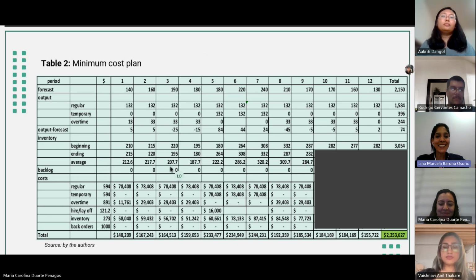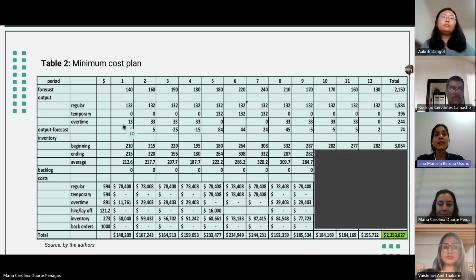Sorry. Thank you. Now, moving into the output forecast, basically, we add the output, regular hours, the temporary time, and the overtime shift, and subtract the demand, that is the same as the forecast.